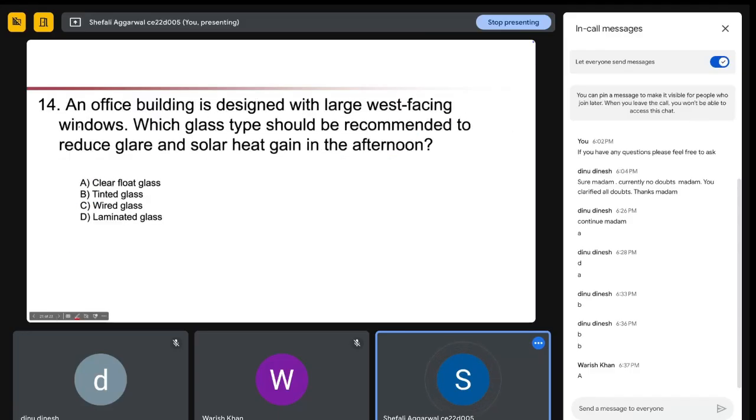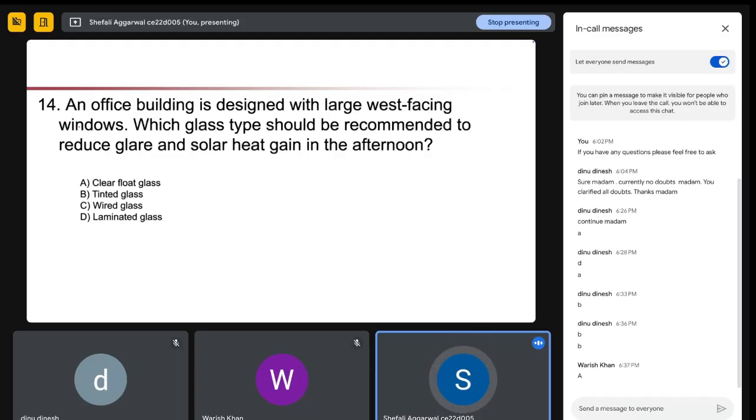Okay, so this is a case study type question. An office building is designed with large west facing windows. Which glass type should be recommended to reduce glare and solar heat gain in the afternoon? Float glass, tinted glass, white glass, or laminated glass? Generally we will use low E glass in this case, right?